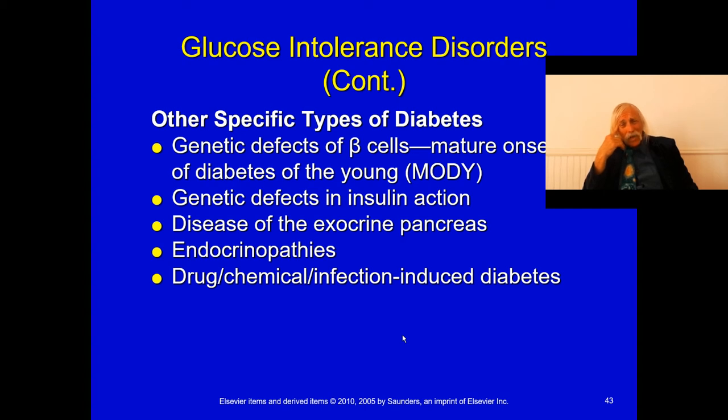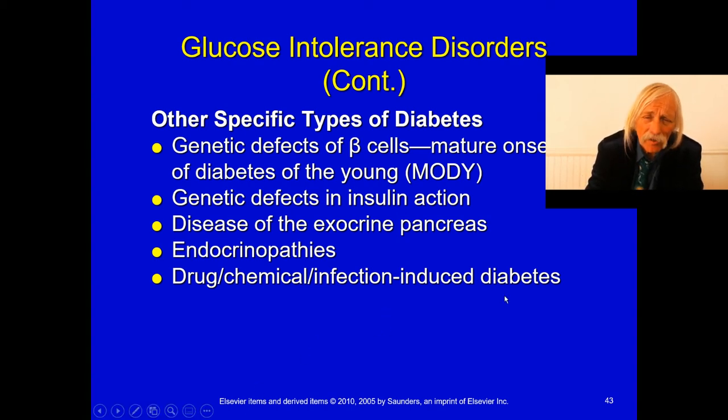Relatively rare. You can also get a whole host of endocrinopathies. This has to do with leptin, adiponectin, as well as the catecholamines, and then all of the corticosteroid hormone synthesis coming from the POMC and whatnot through the HPA axis, right? And drug-, chemical-, and infection-induced diabetes. This is from illicit drugs, usually something like cocaine or heroin, which can give you a certain kind of diabetes.